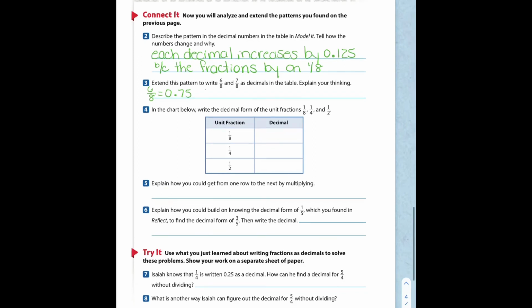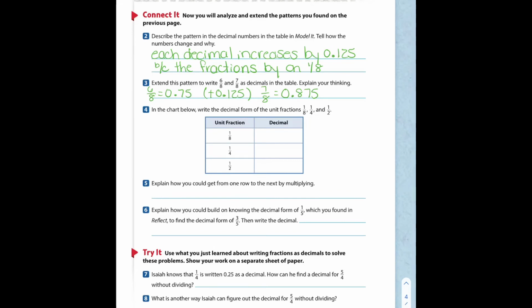Well, if we add 0.125 to our 6/8 value, then our 7/8 value is 0.875. So it's another way of looking at how you can determine that fraction to decimal. So you can do long division, or you can figure out that pattern and see how much it's going up each time. And as long as your fraction is going up by the same amount each time, your decimal is going to do the same.